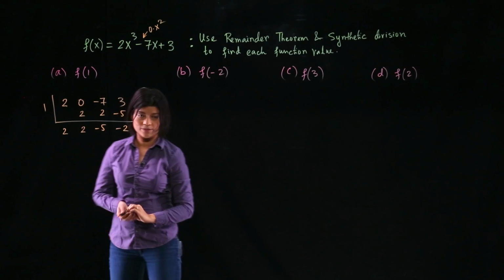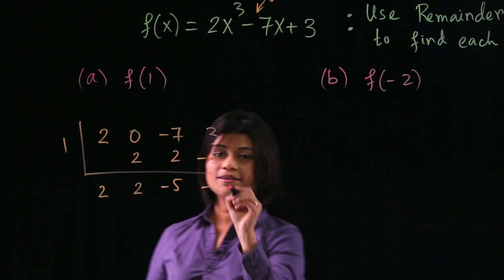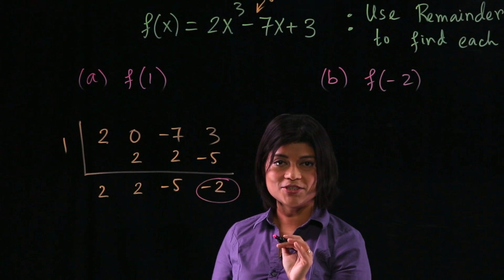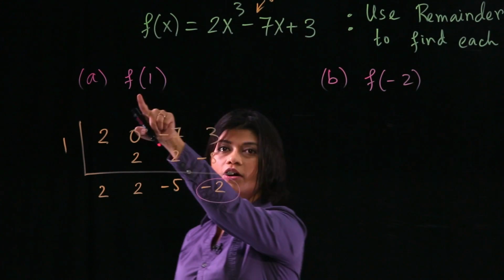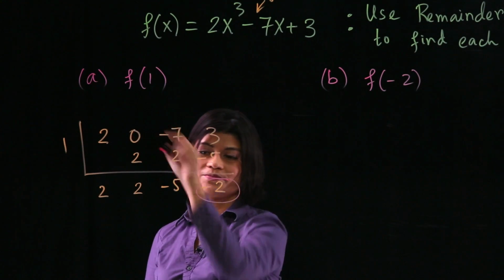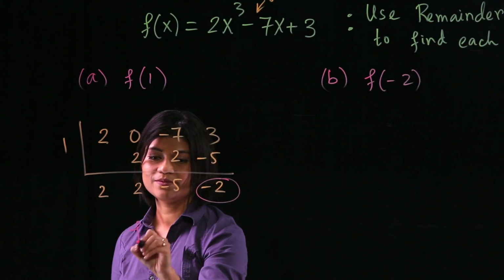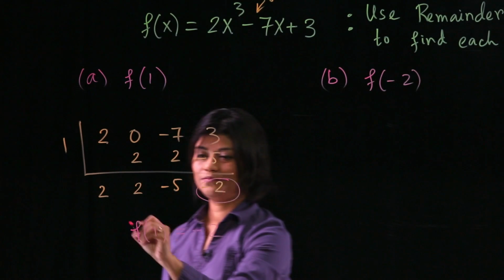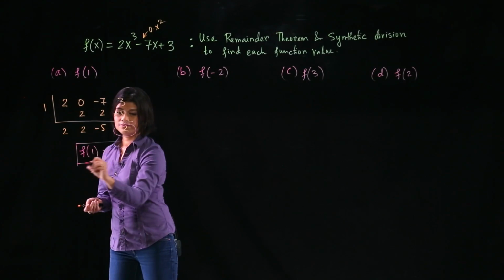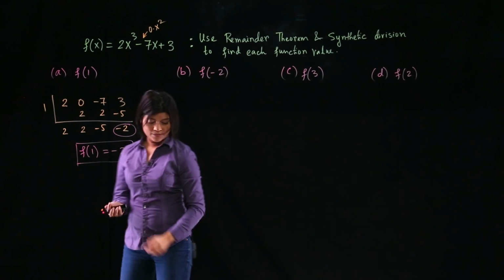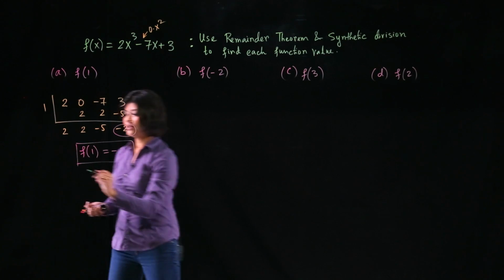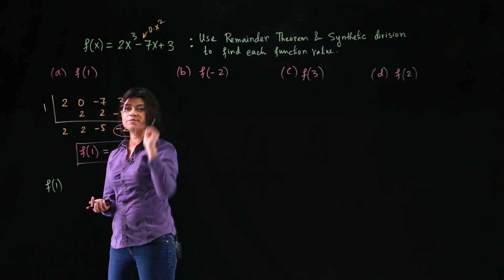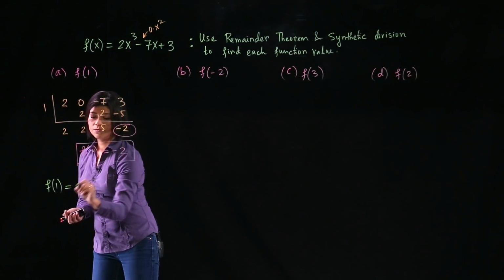The remainder theorem says that this remainder that you are getting using synthetic division is the value of the function at 1. So by remainder theorem, f of 1 is negative 2. Well, let's check. Let's plug in x equals 1 in the expression for the function.